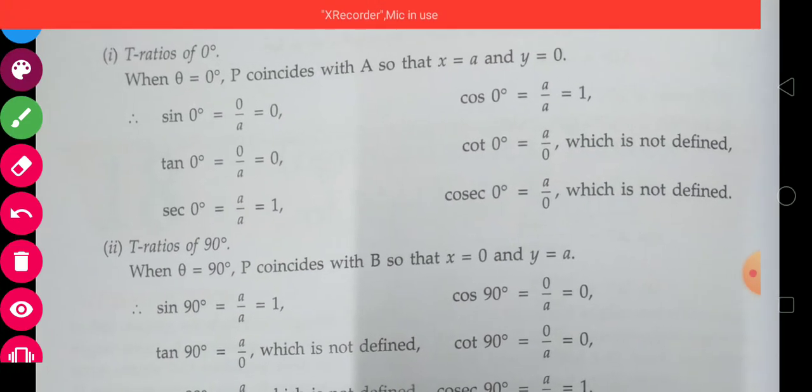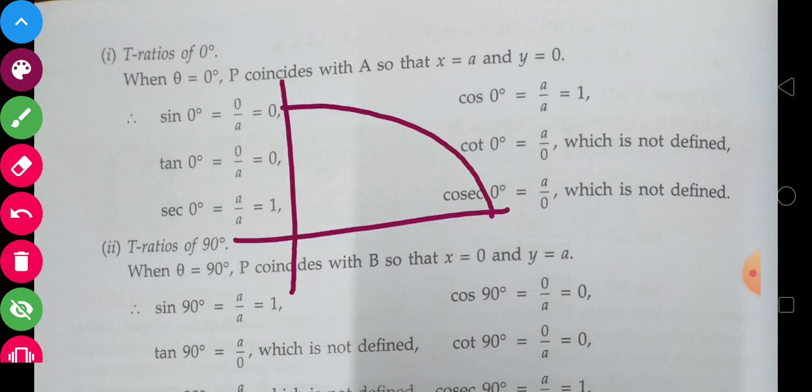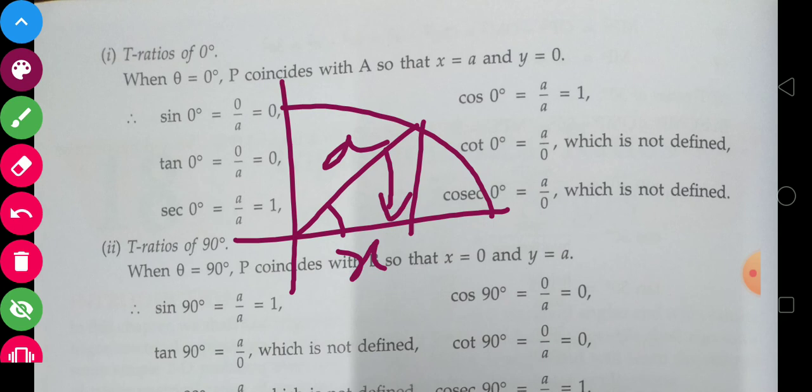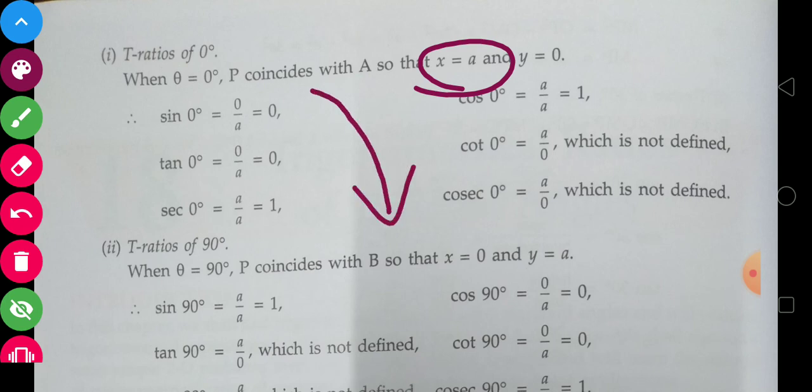If my theta is 0, this A will come down and coincide with x. So the value of A in that case would be equal to x, because y is 0, and that is the reason why A drops down.